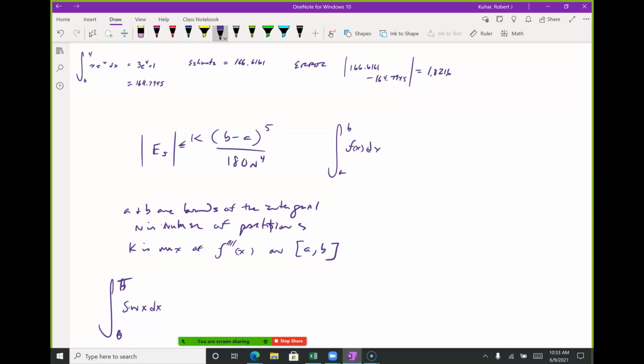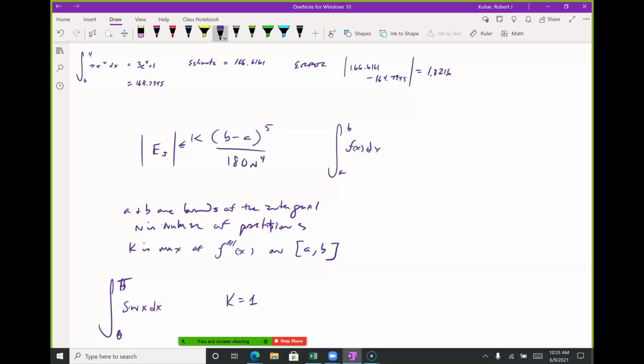What's the derivative of sine? Cosine. What's the derivative of cosine? Negative sine. What's the derivative of negative sine? Negative cosine. What's the max that cosine will hit? Plus or minus, it doesn't matter, it's 1. So for this one, K is 1, right?